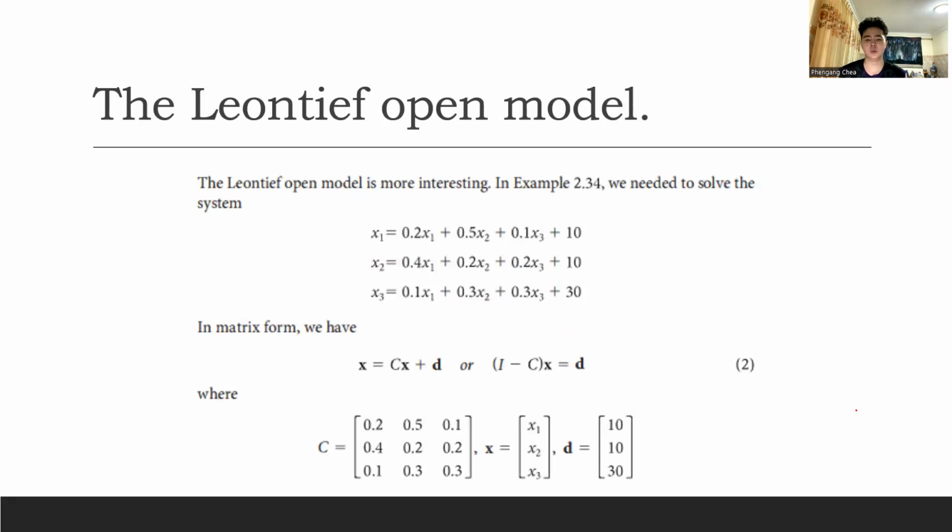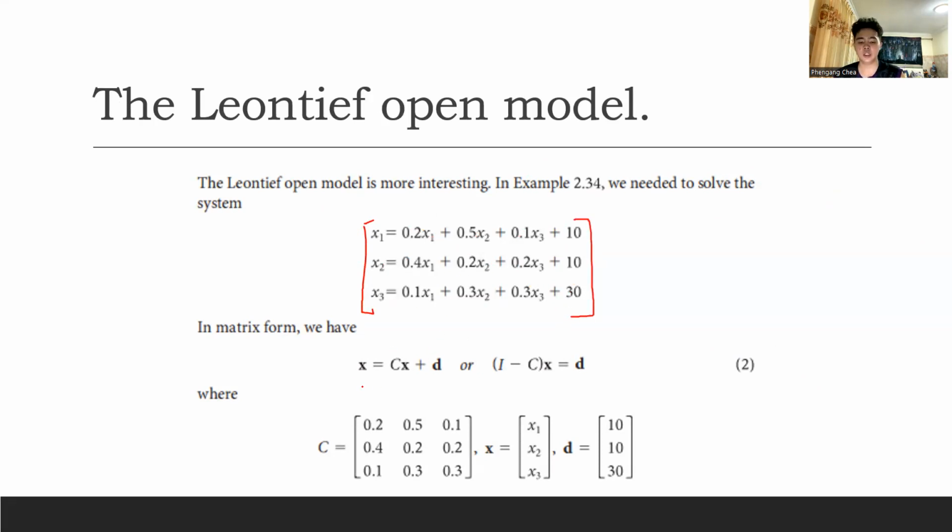Okay, this is another model of the linear economic model. This is called the Leontief model. And here is the form that we often see in the exercise.